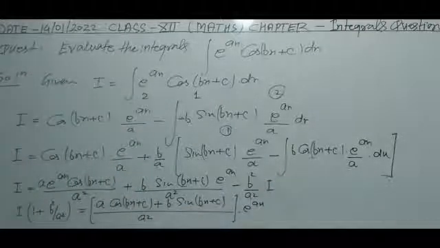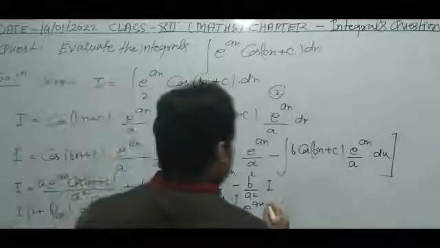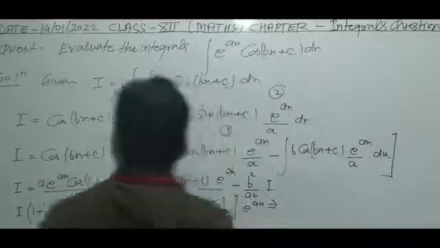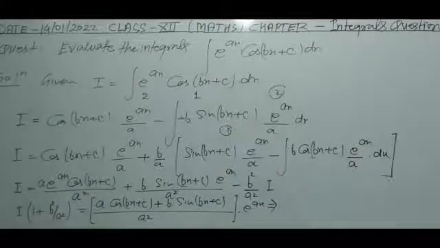Now see, now a square after taking LCM, this will cancel. Now what will be the result? A square will cancel, and in this denominator, what will be the result?